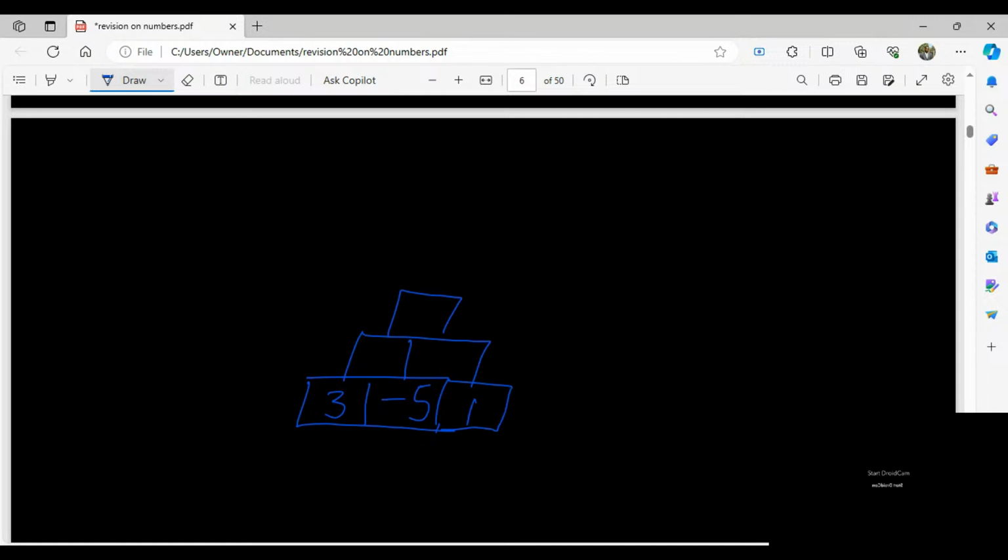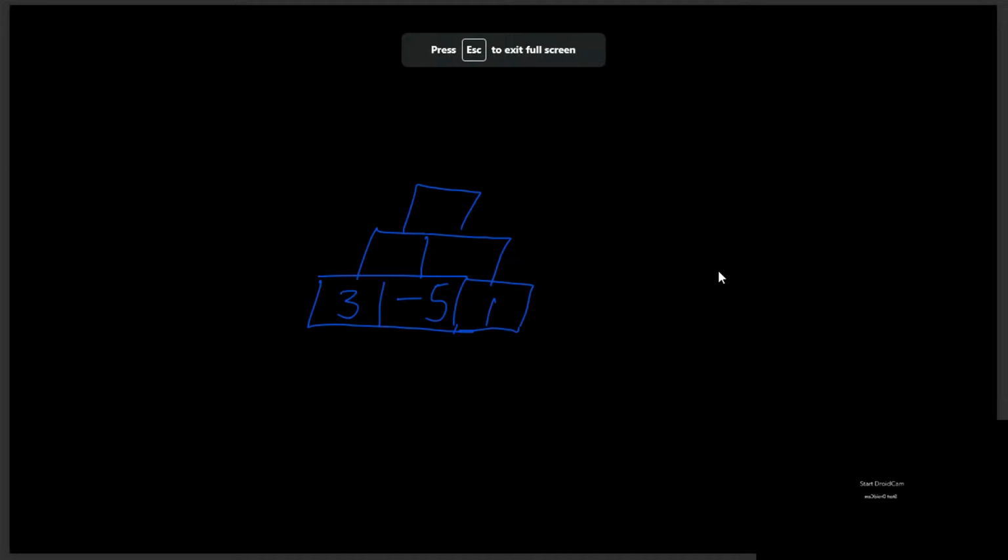So the rule of working with these number pyramids is that they are built from the foundation or from the base going upwards. For example, in this example, we have 3, minus 5 and 1. So the number on top is built as a result of adding the two numbers below it. So we shall do the first one, 3.